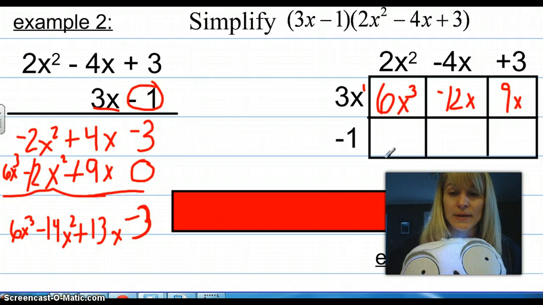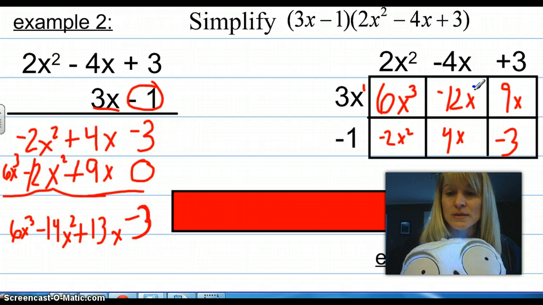And we start in the bottom box. 2x squared times negative 1 is negative 2x squared. This box, negative 4x and negative 1, negative and a negative makes a positive, so that's going to give you 4x. And then here we have 3 times negative 1, that's going to give you a constant of negative 3. And then just like with the box method, uh-oh, I messed up.